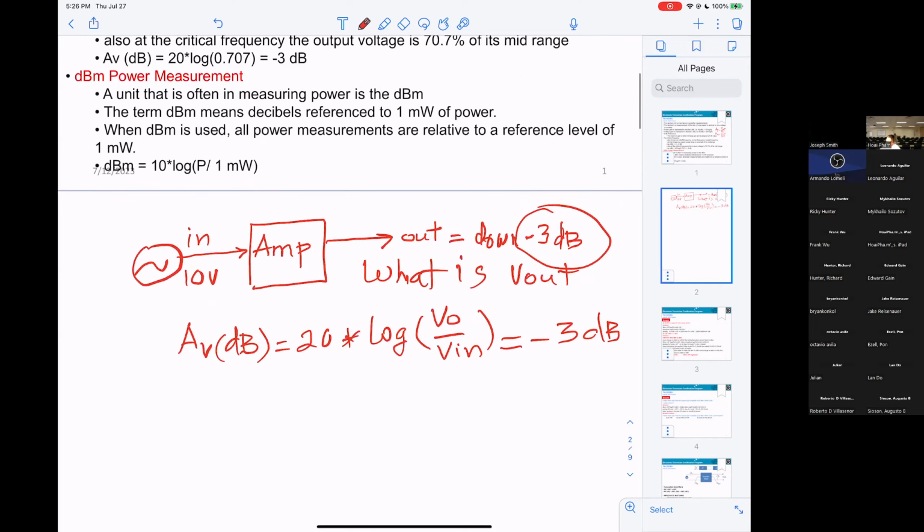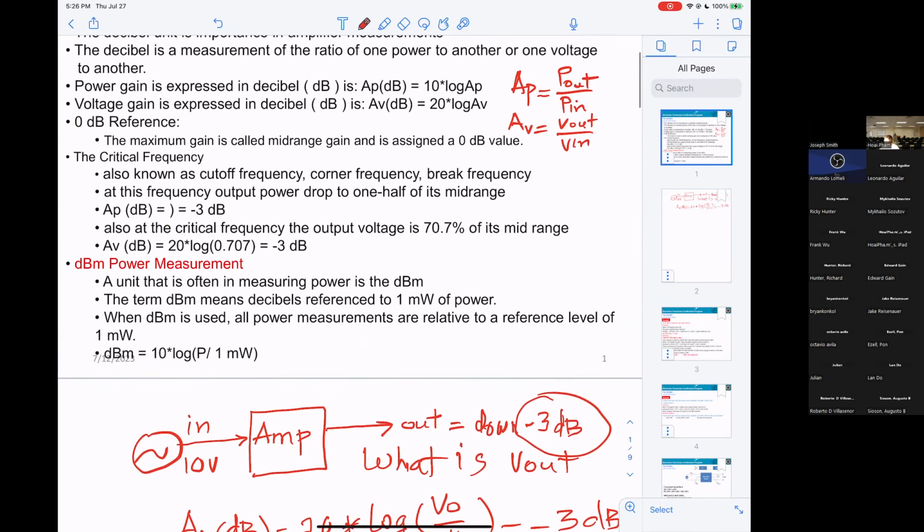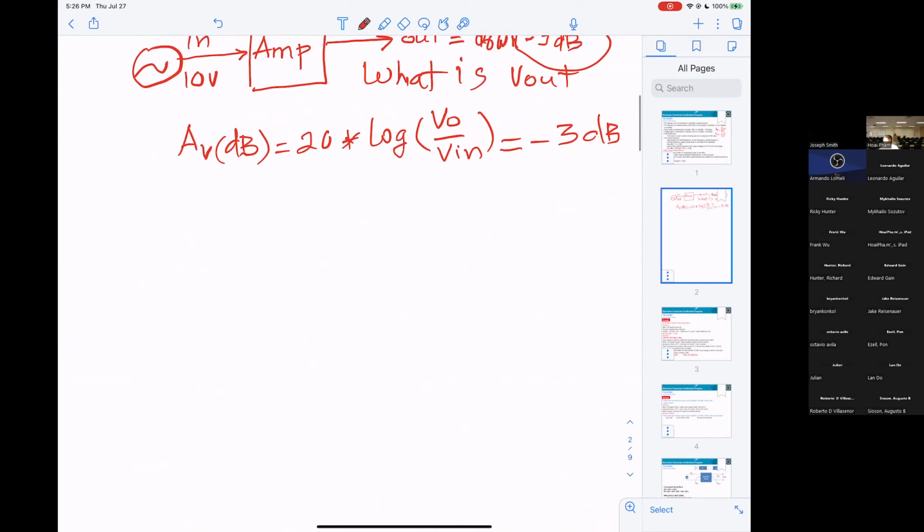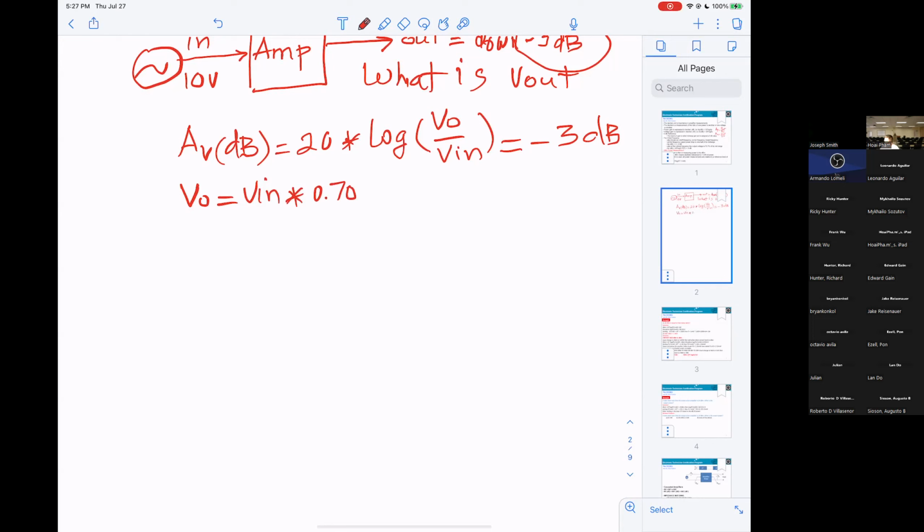And if you go back here, you can see minus 3 dB is equivalent to 0.707. So now if you want to know the value of V out, then V out will be equal to V in times 0.707.